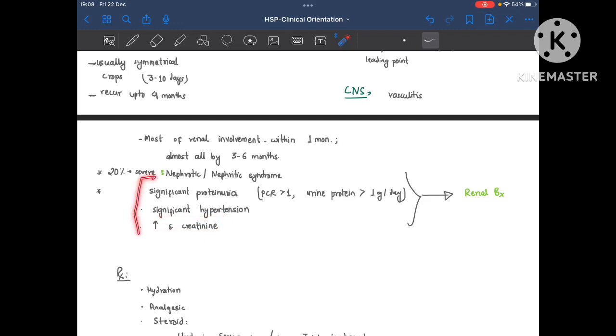If the person presents with these severe nephritic features, then renal biopsy is indicated. These are the indications for renal biopsy.